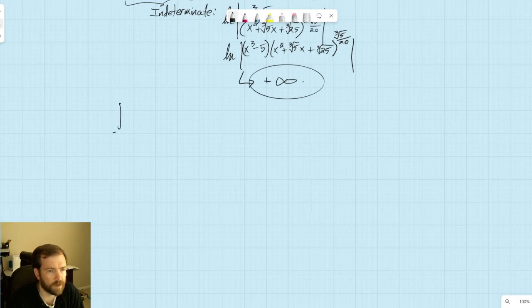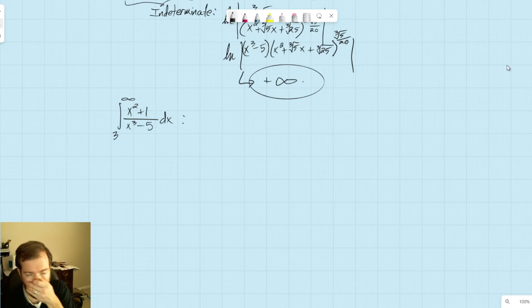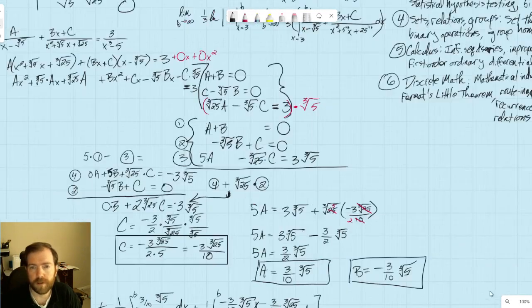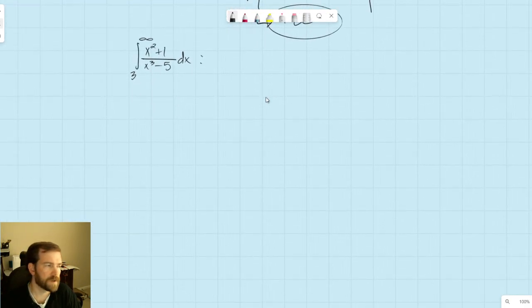So if we want to know what the integral from 3 to infinity of x squared plus 1 over x cubed minus 5 dx is going to look like, the entire point of the Calc 2 stuff that we were doing was to look at this and say, all right, we know what sorts of things we have here.